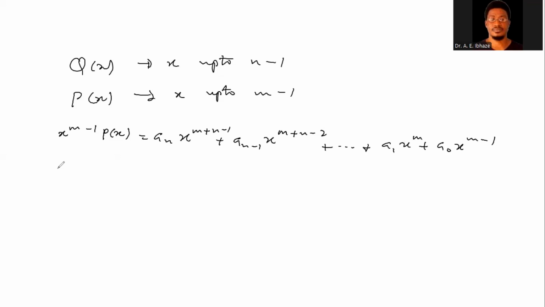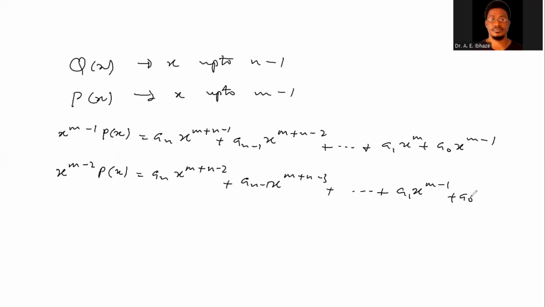The same applies. So we have x to the m minus 2 times p of x, which will now be the same as a sub n x to the m plus n minus 2 plus a sub n minus 1 x to the m plus n minus 3 plus all the way to a1 x to the m minus 1 plus a naught x to the m minus 2.